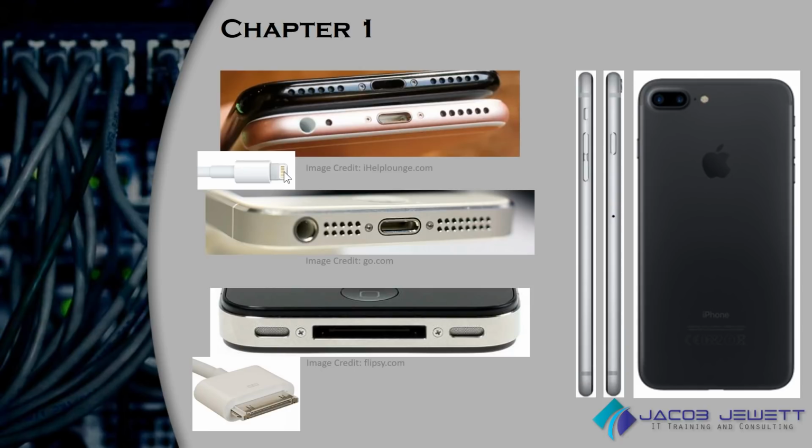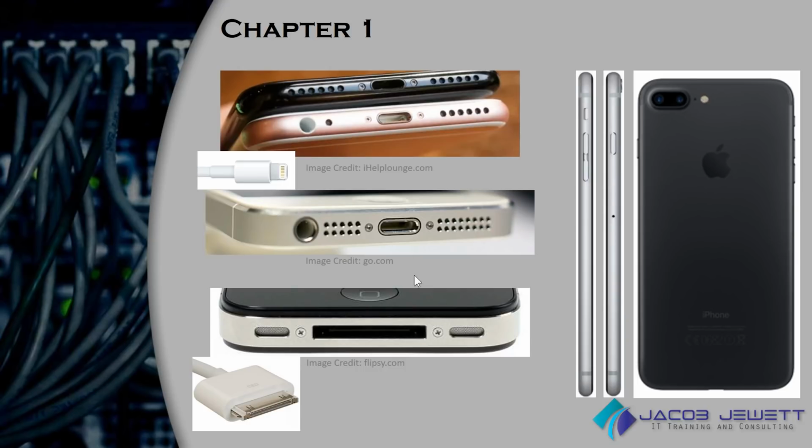This is an 8-pin cable. It does have 2 sides, but the 8 pins are on both sides so that you can connect this cable either way and it still works.